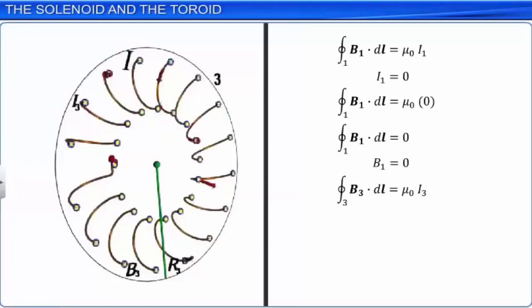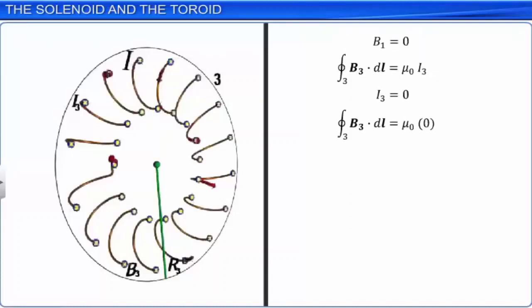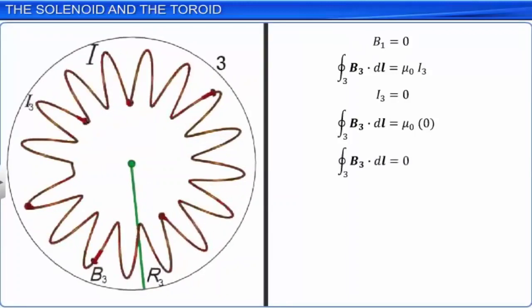Hence, the amount of current coming out of the plane of the screen is equal to the amount of current entering into the plane of the screen. Thus, the net current enclosed by loop 3 is equal to 0. Then, the integral over the closed loop 3 of B3 dot dl is equal to mu naught into 0. Hence, the magnetic induction due to the current enclosed by the Amperian loop 3, B3, is equal to 0.